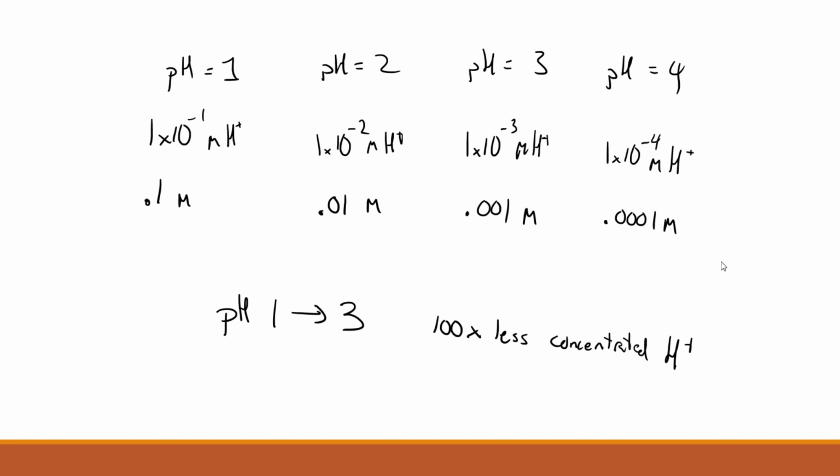So changing the pH is not a tenth, it's factors of 10. Going from a pH of 1 to a pH of 3 is 100 times less H+. Two steps is 10 times 10, 100 times less acidic.